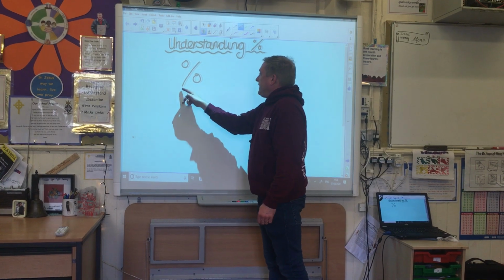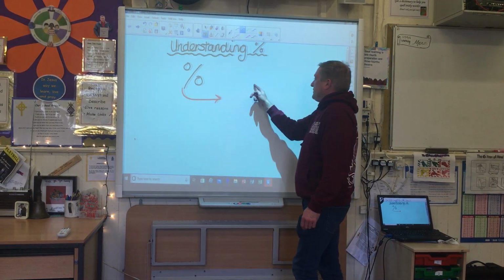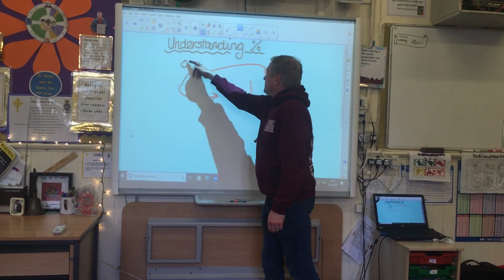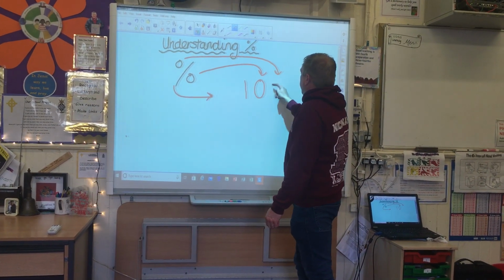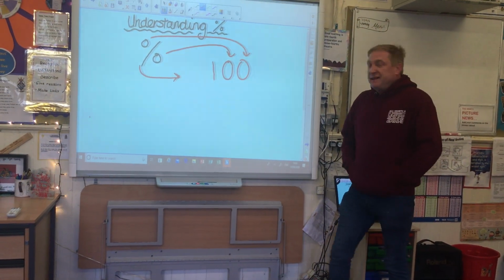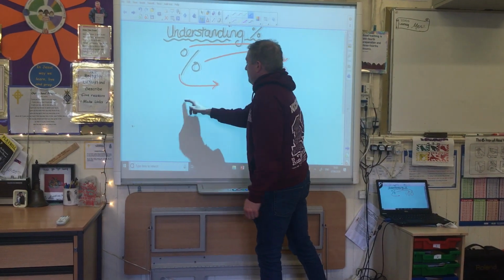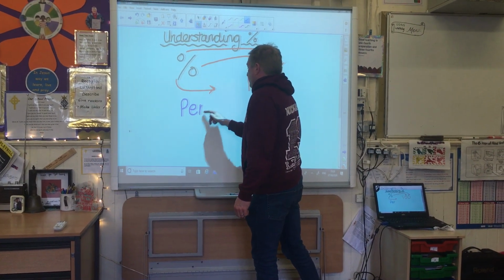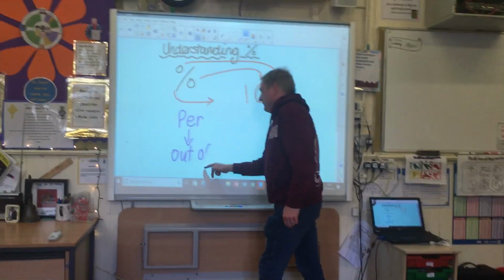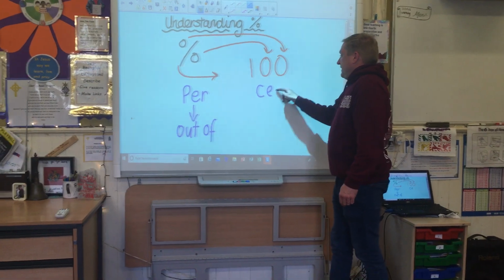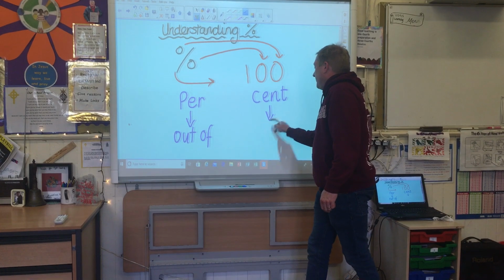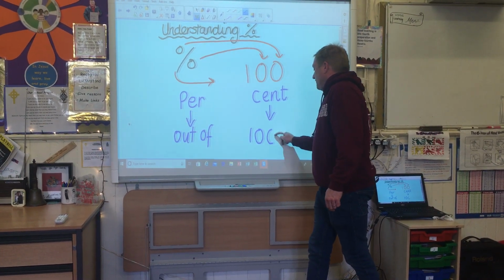If I take the line out and put it there, and then I take out the 2 zeros and put them there, we get 100, because percents, per, means out of, and cents, I can hear you all shouting it now, means 100.